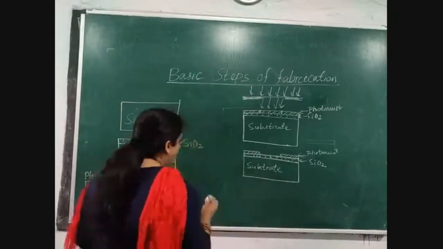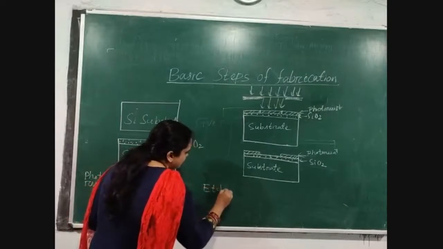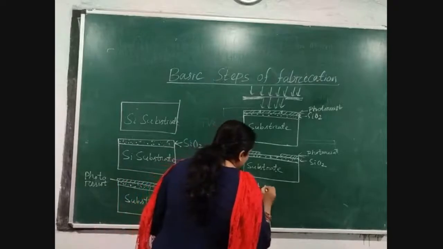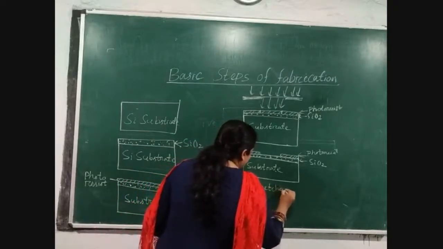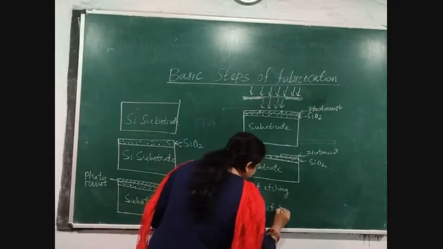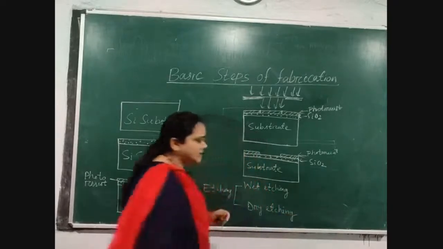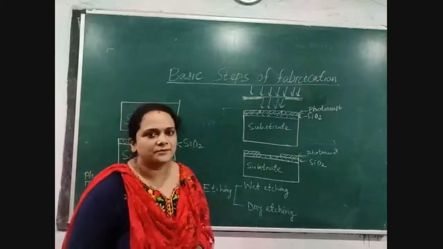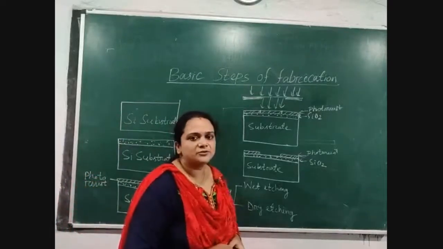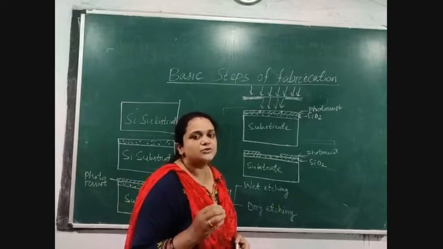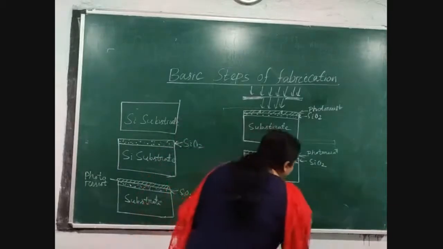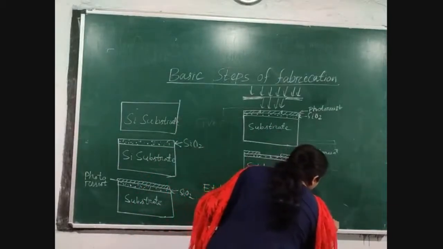So remember, etching is of two types. One is wet etching and the other one is dry etching. In wet etching, we use liquid chemicals to remove the material. But in dry etching, we use etchant gases to remove the material, and dry etching is also known as plasma etching.